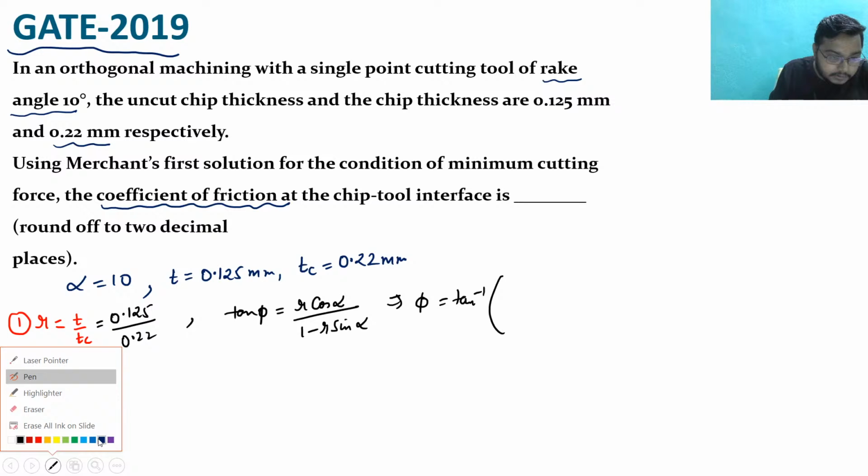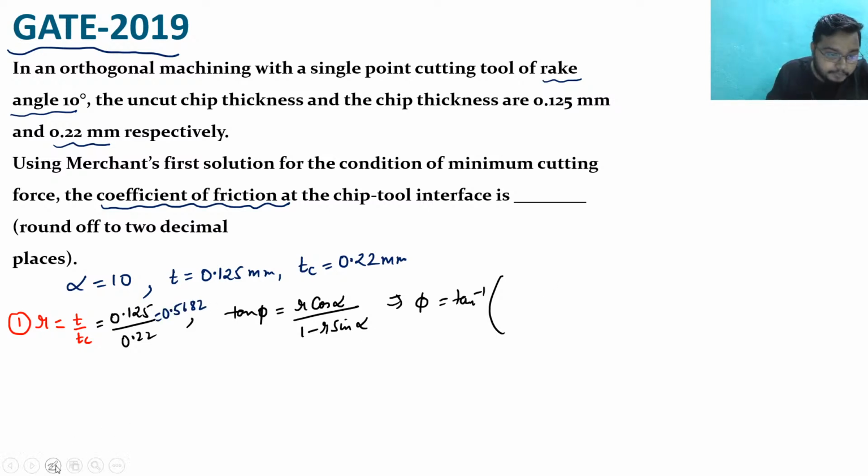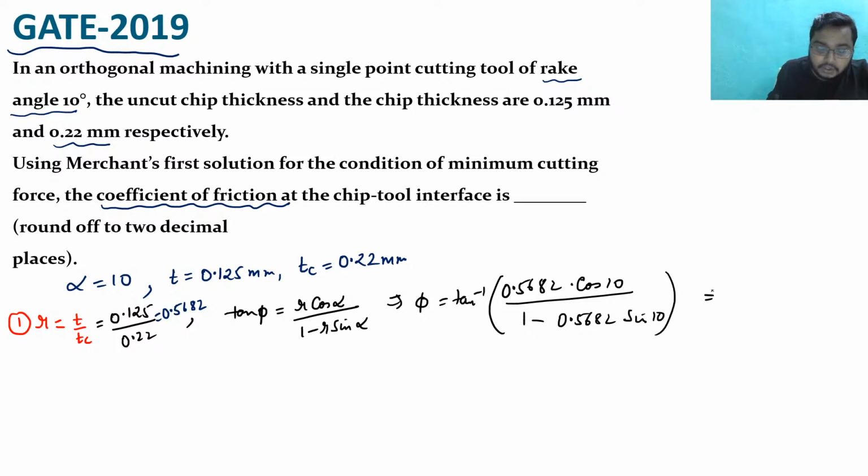So cos 10 times 0.5682, divided by 1 minus 0.5682 sin 10. When you solve it, you will get the value of phi. Phi is going to be equal to 31.83. Clear?